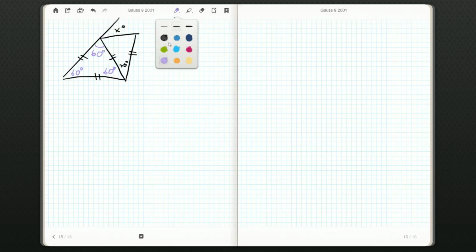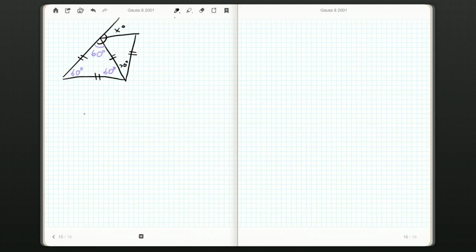Now, if I knew the interior angles of this isosceles triangle, I'd be all set. Why? Because together we have a line here. The sum of the angles in a straight line is 180 degrees. So if I knew this other interior angle here, that plus 60 plus x is 180 degrees, I can rearrange and solve for x, and x is what I'm looking for.